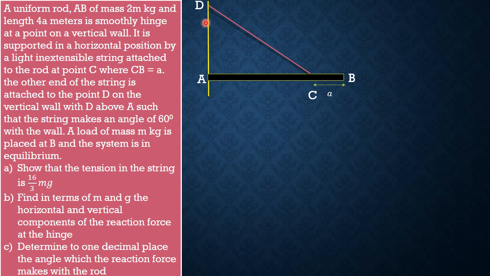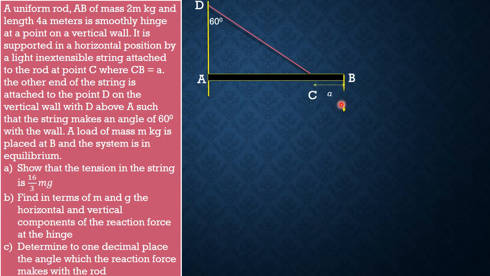So the angle which our string makes with the wall is 60 degrees, and we can insert here that this is 60 degrees. Good. Then they said the system is in equilibrium. All right, so friends, they also told us that a particle of mass m kilogram is attached at B.